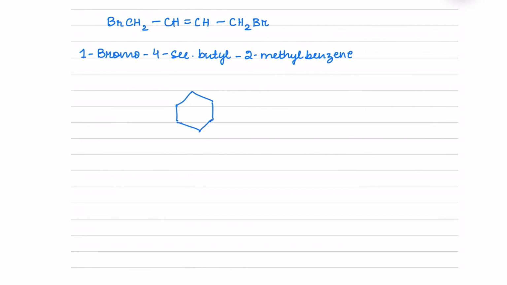This is a benzene ring. Okay. Now, let us first draw the structure of secondary butyl in the rough so that we can draw it very well. CH, CH2, CH3, H3C. This is our secondary butyl, and we'll be attaching it to the fourth carbon atom.